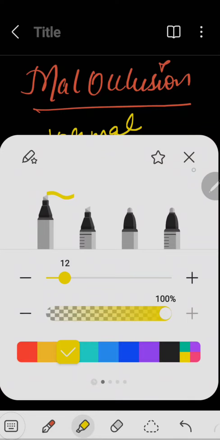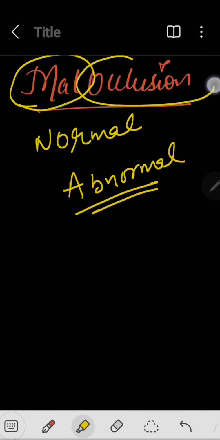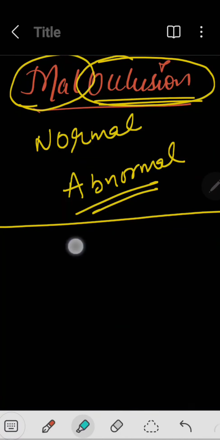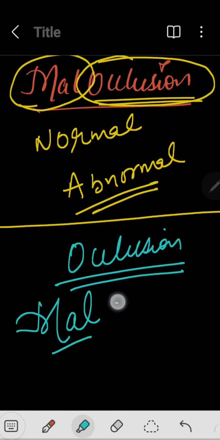So basically, to know about malocclusion, we need to know the concepts and the basis of occlusion. If you know what occlusion is, you can easily identify what malocclusion is.